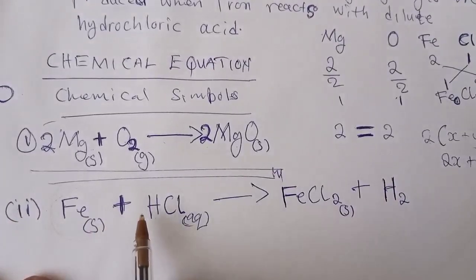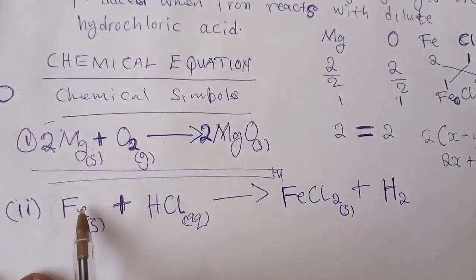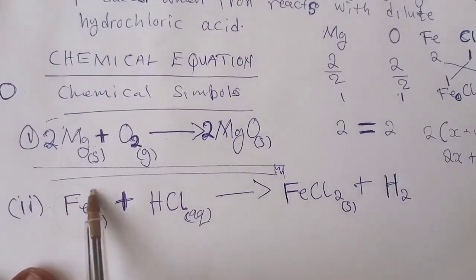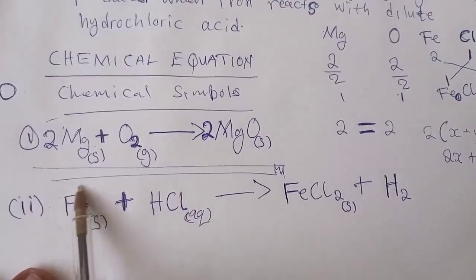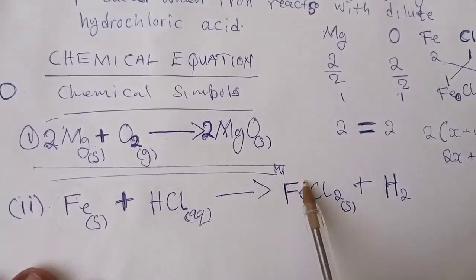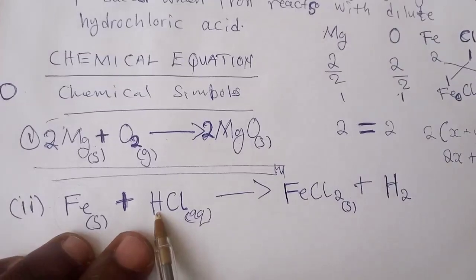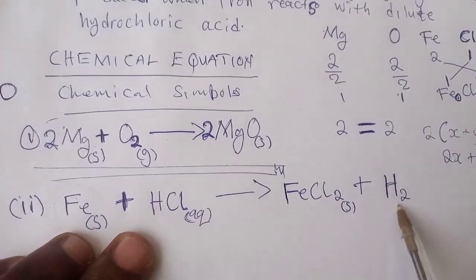So how do we balance it? We check individually. Here there is one atom of iron, and on this side there is also one atom of iron. How about hydrogen? On this side there is one hydrogen, and on this side there are 2 hydrogen.